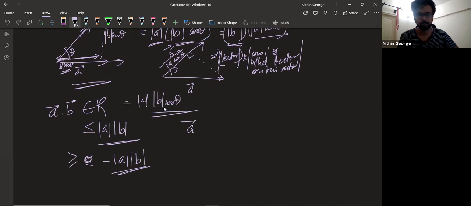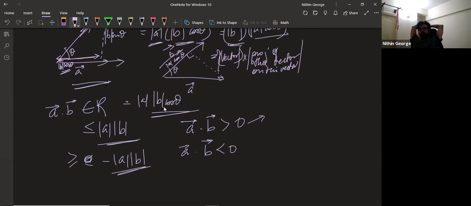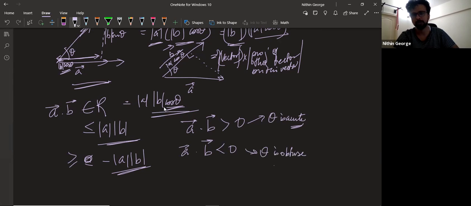So when A dot B is greater than 0, theta is acute, because cos theta will be positive. If it's less than 0, theta is obtuse. You obviously know the other two parts are positive; just the cos theta part is what you need to take care of.